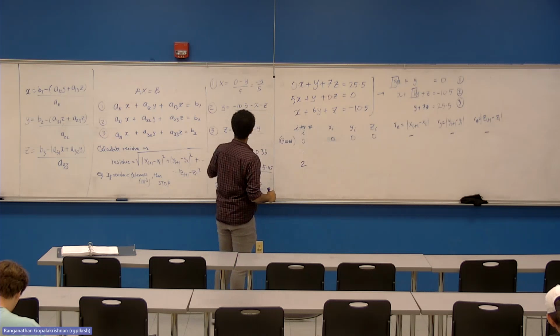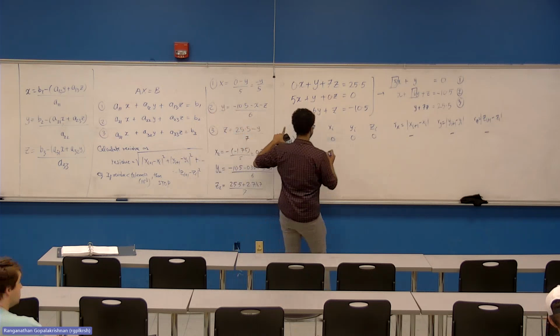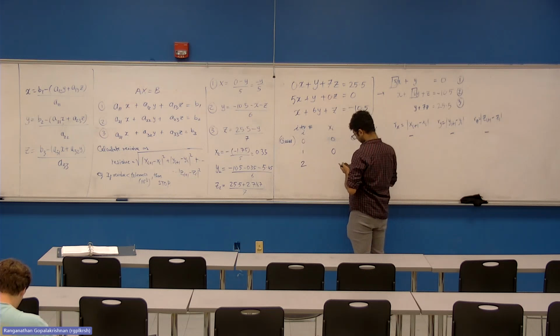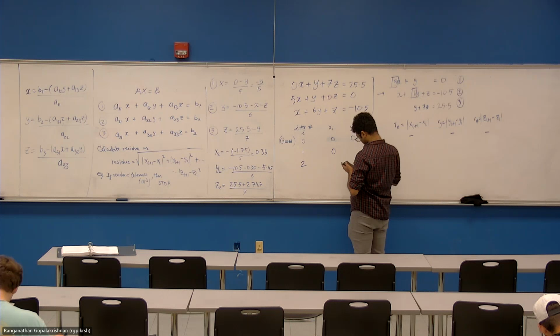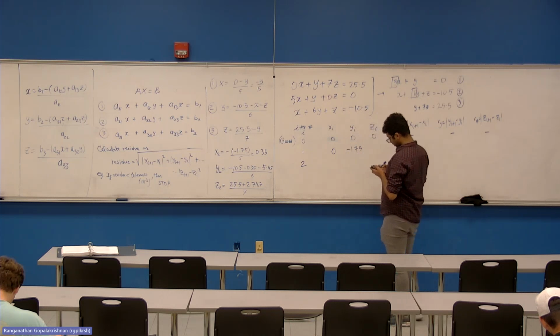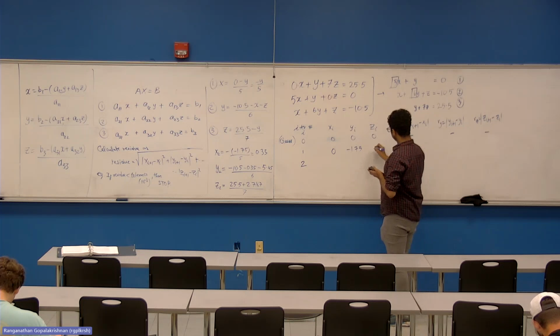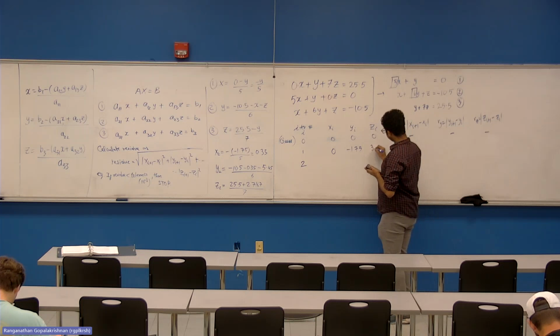So I have x1 is 0, y1 is minus 10.5 by 6, and z is 25.5 minus 1.75 divided by 7, which is 3.8929.